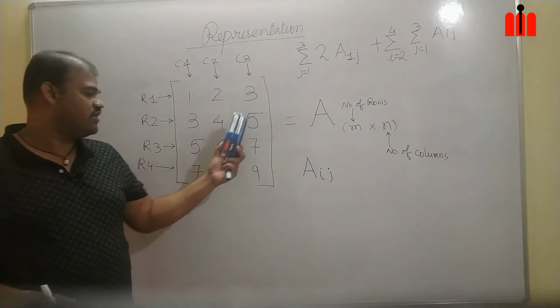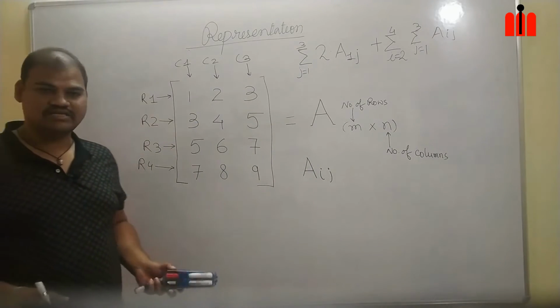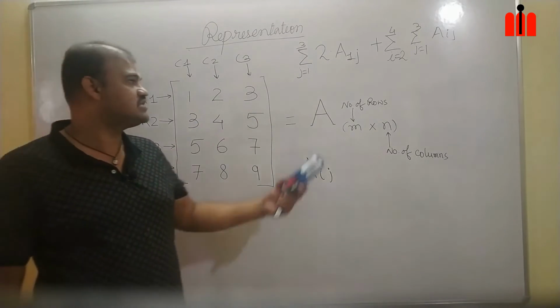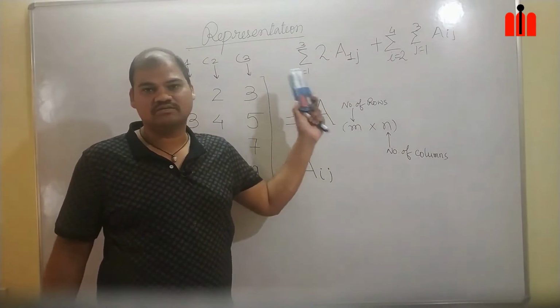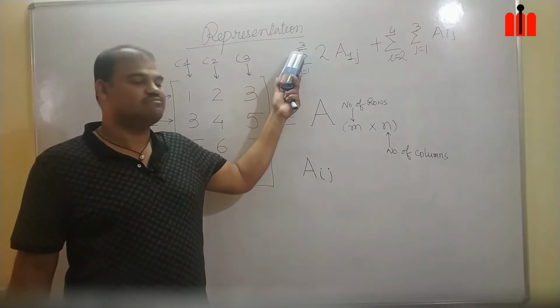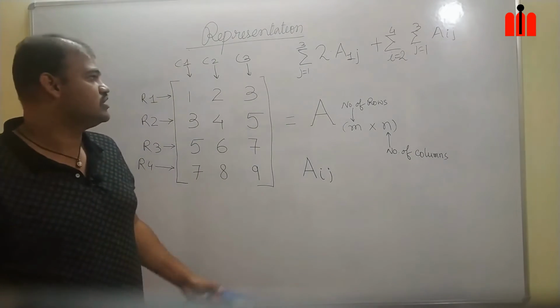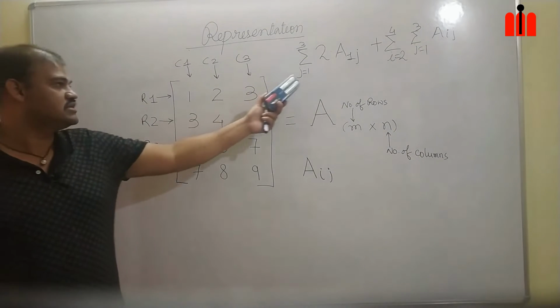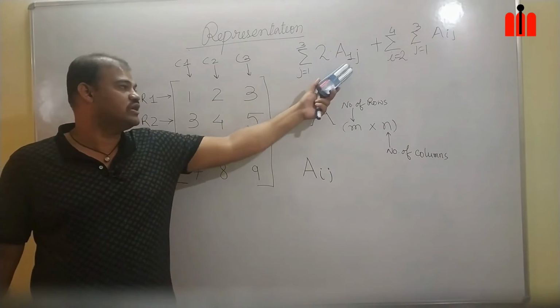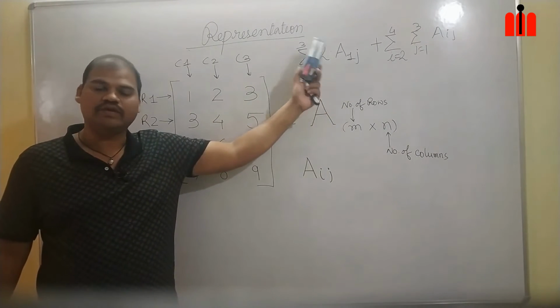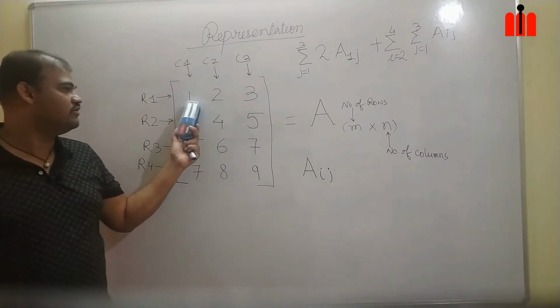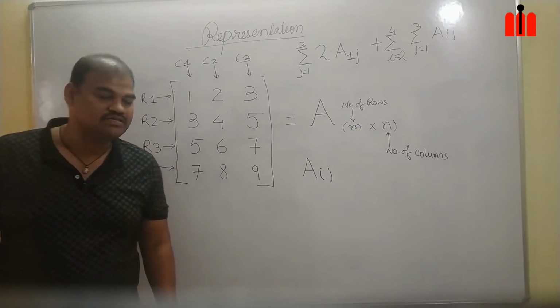Rather than giving addresses A11, A12, A13, it is used to represent them in the form of these series. The sigma represents the sum of all the elements. Here you can see J equal to 1 to 3, so it will be A11, A12, A13. It will cover all 3 elements.